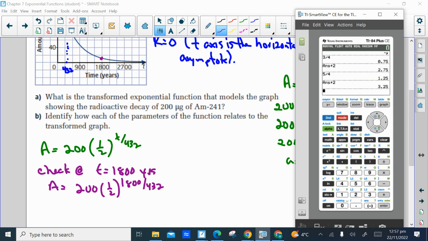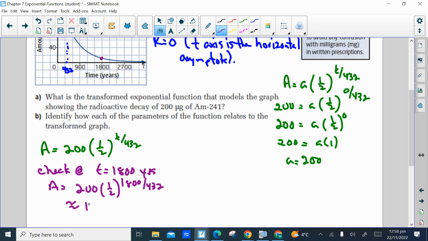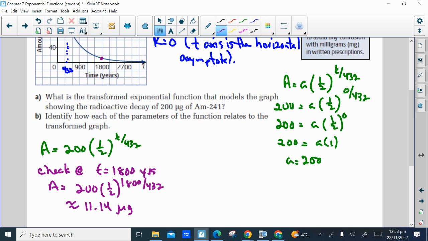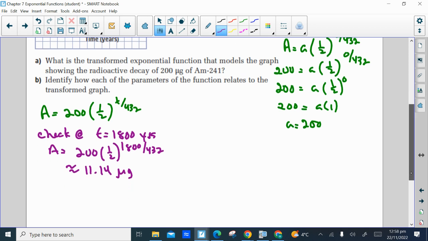So we go to our calculator. 200 bracket 0.5 to the power 1800 over 432. Like we said, below 20, closer to 20 than it is to 0. 11.14 micrograms. Okay, which again matches what we thought it would be.